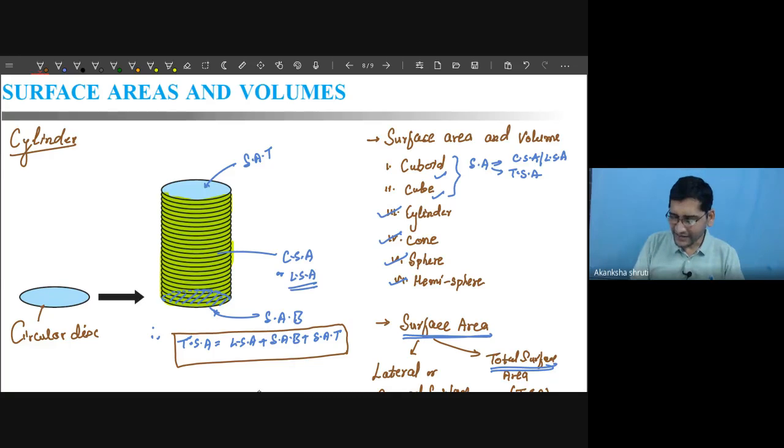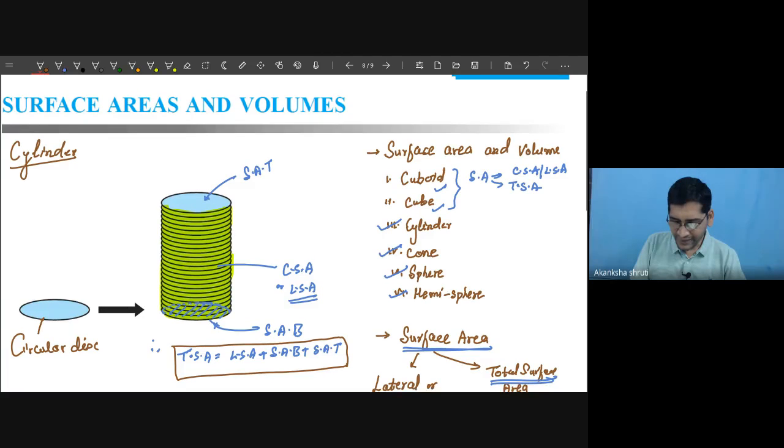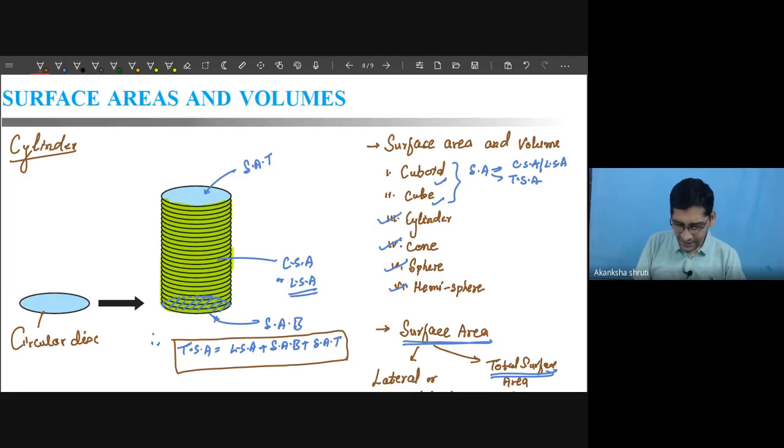And this lateral surface area or curved surface area can be calculated just by knowing the circumference of this ring. If you want to just know the boundary length of this disc, forget the area enclosed, only this boundary length we are considering.